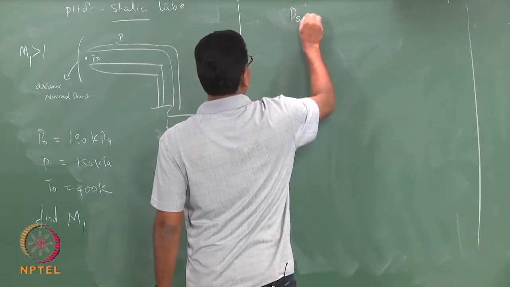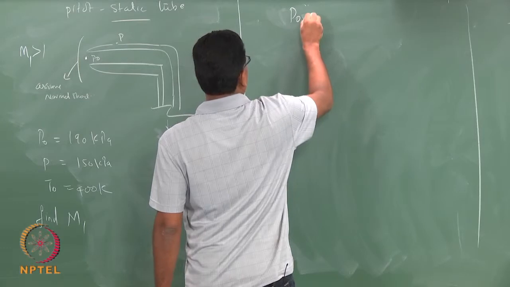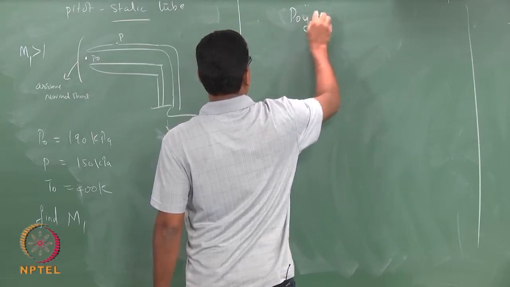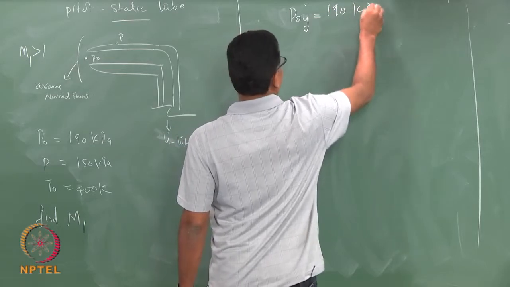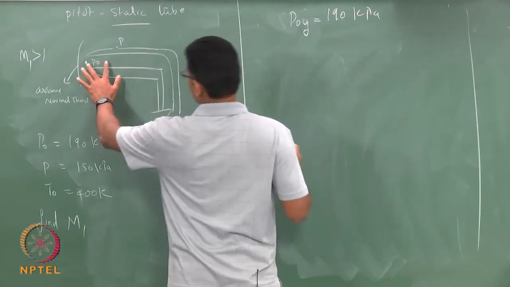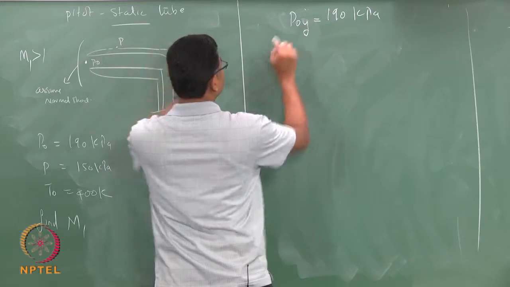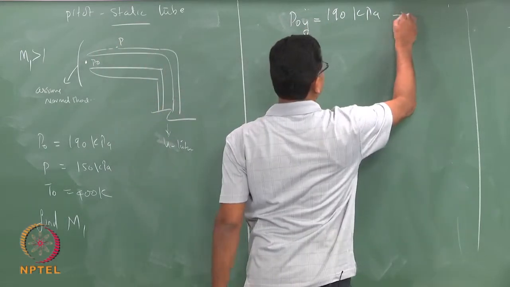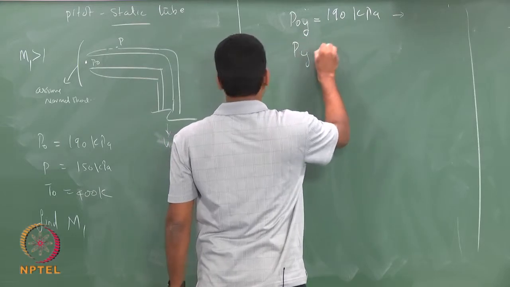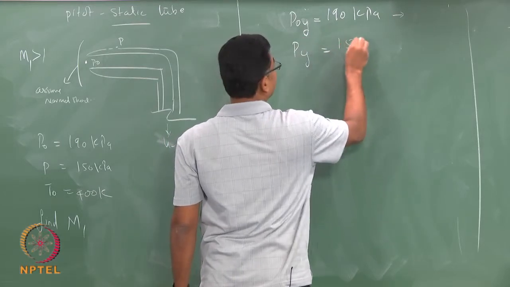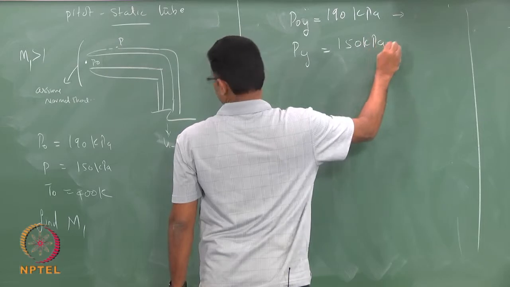So your P0y is 190 kilopascal, because that is the stagnation pressure after the shock. So this is after the shock. Your static pressure after the shock is given as 150 kilopascal.